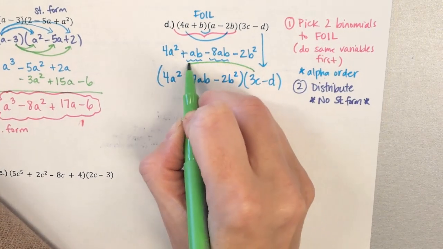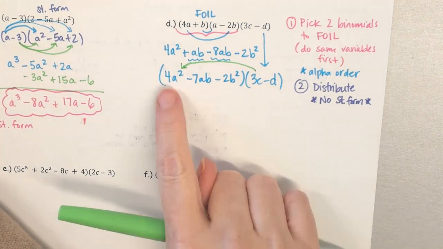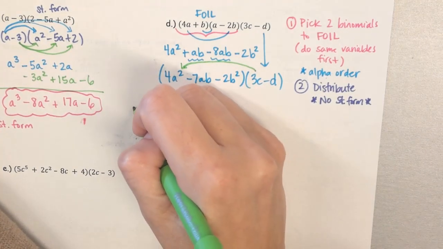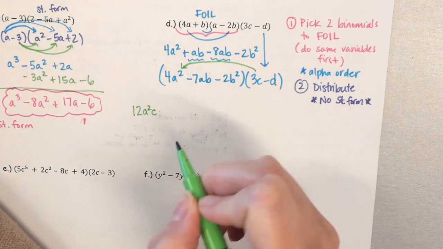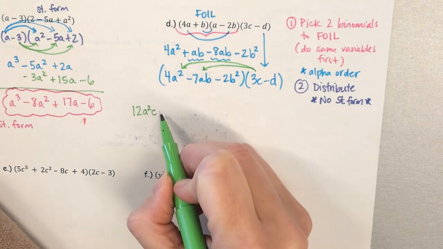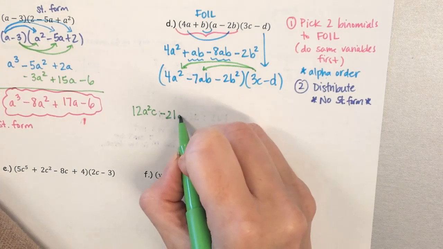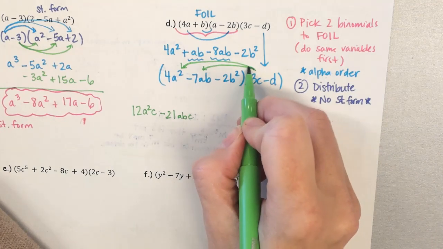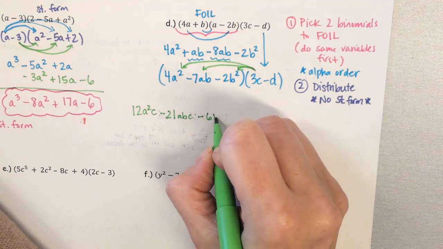So if we multiply 3c times 4a squared, again we do number times number. So 4 times 3, and we're going to need some space for this, so I'm going to put this here. So 12a squared c, 3 times negative 7 is negative 21, and then see how it's ab times c, so it's just abc. Okay, and then here I'd have negative 6, and then it's b squared c.